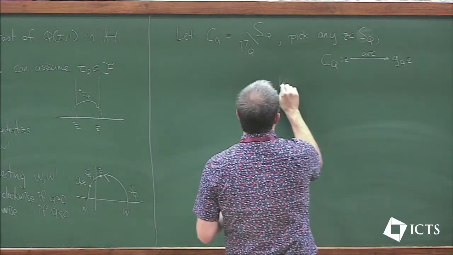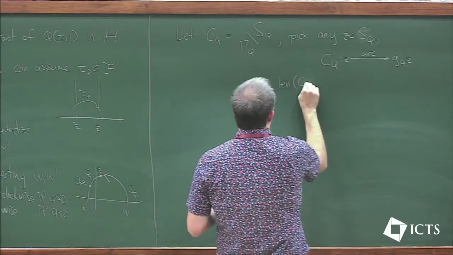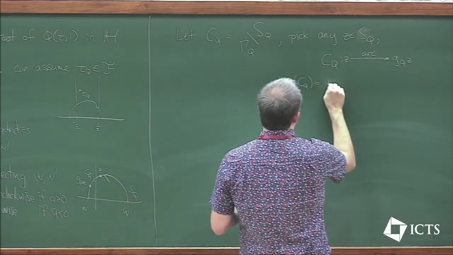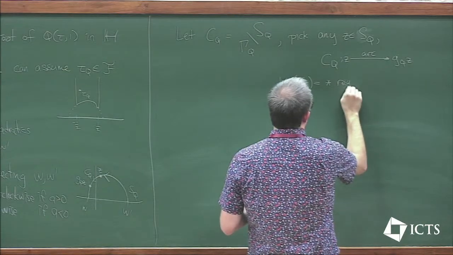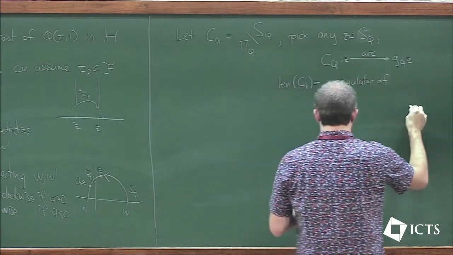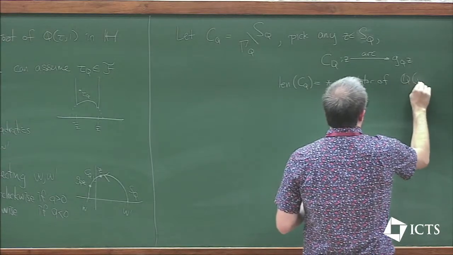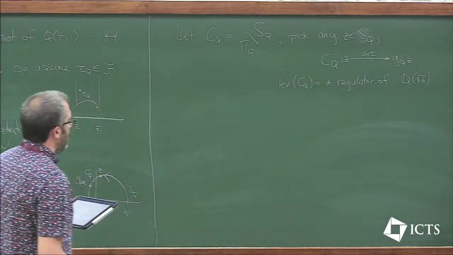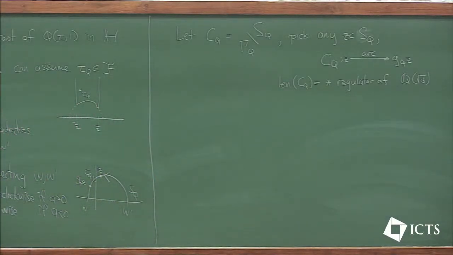So the length of CQ is actually maybe some constant times the regulator of Q adjoint square root of D. Again, if D is fundamental, then that will be true. So there's already some interesting algebraic number theory happening here, even just in this setup that we're doing.